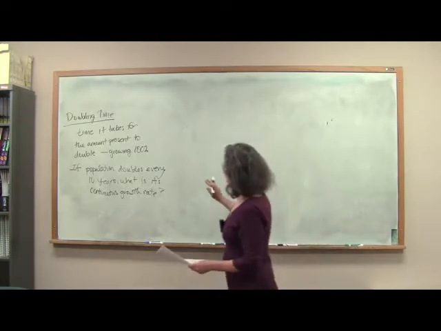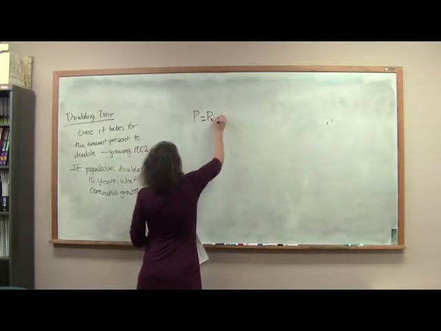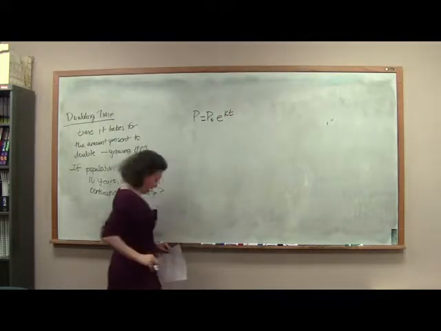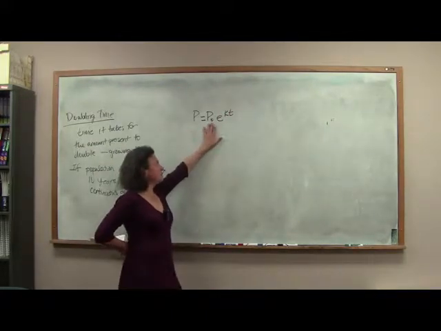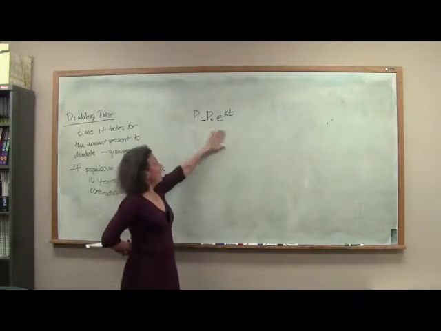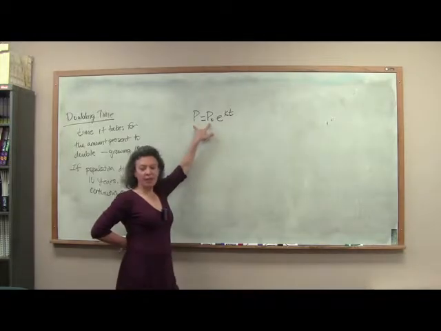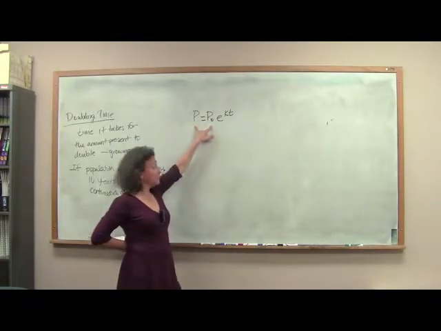All right? So, the formula that I tend to use for all of these word problems when we have a continuous growth rate is P equals P sub 0 e to the kt. Okay? Now, why do I use that? Because usually we're talking about populations of some sort. It really doesn't matter what letter you use.